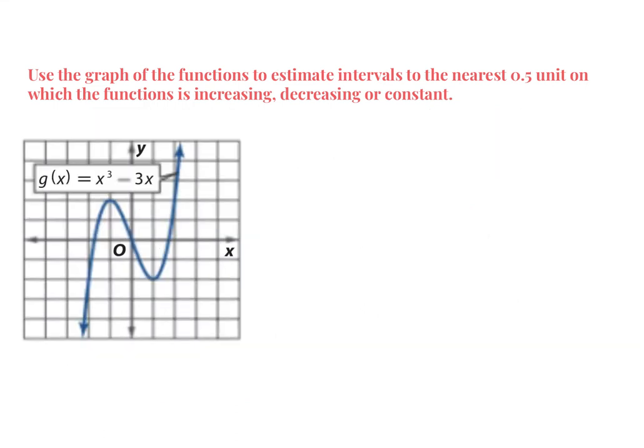Again, we want to determine any intervals of increasing, decreasing, or constant. Evident from the graph, there are no constant intervals. So for increasing, where are we going up? Starting from the leftmost of the graph, negative infinity, we are going up all the way up to this point. Remember, our intervals are only in terms of my x values, so that would be negative 1.